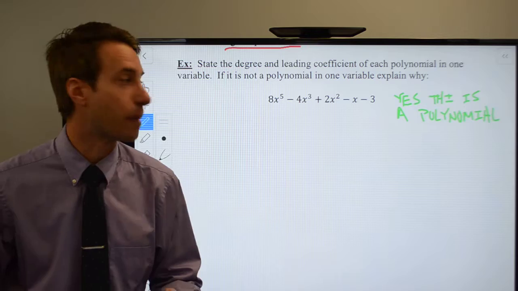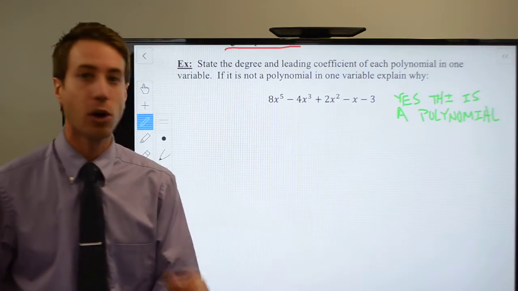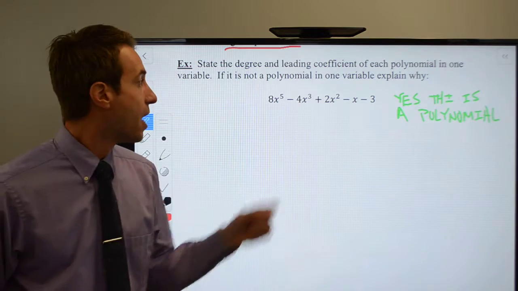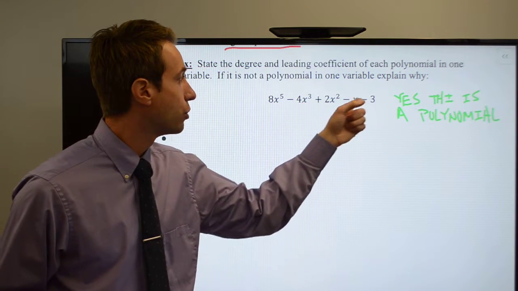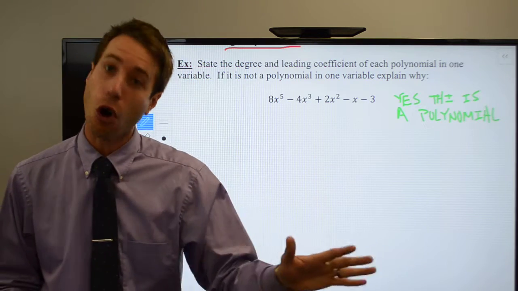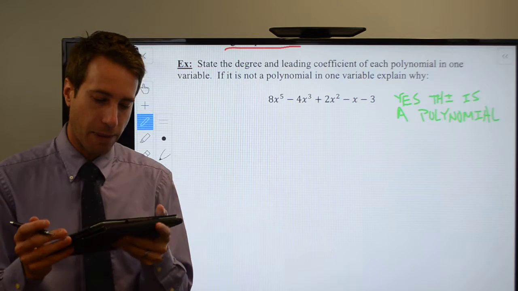Doesn't break any of my rules that would say it isn't a polynomial. So now that I know it's a polynomial, I want to go ahead and get it in standard form. I don't have an x to the 4th, 3, 2, 1, 0, so it is already written in descending order for me, which tells me a couple of things.